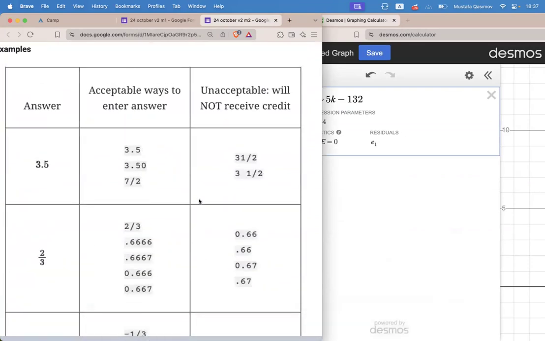Okay, now one student sent a question to the Telegram group. Let's look at the question. It looks a little harder. Just wait.